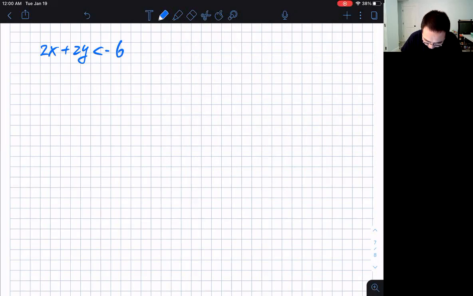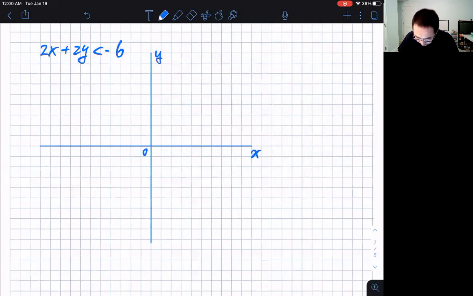Let's draw this really quick. This is x, this is y, this is 0, then we do 1, 2, 3, 4, 5, 6, 7, 8, 9, then 10 for x, and -1, -2, -3, -4, -5, and so on to -10.